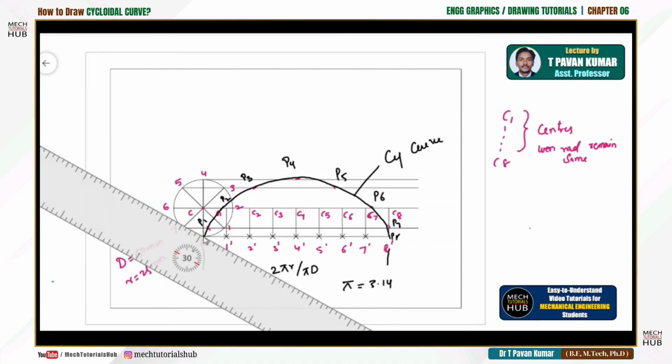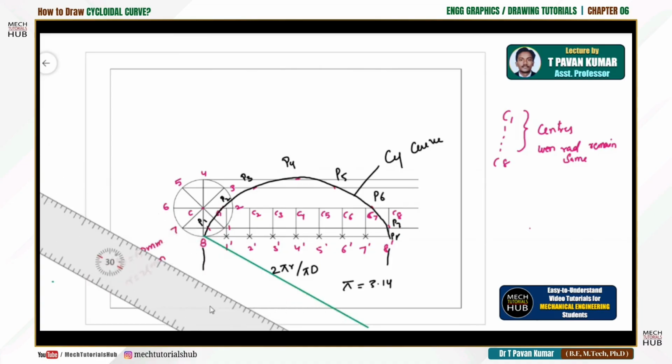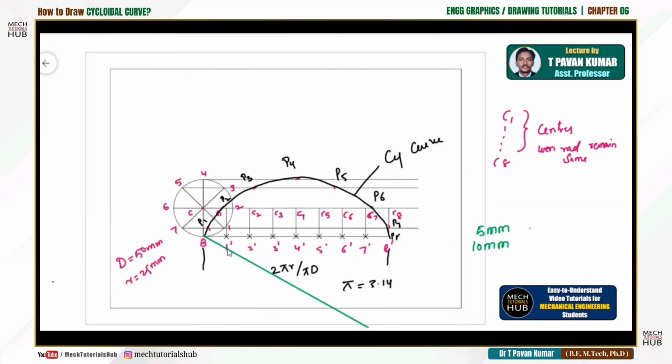Here I'll trace a line up to infinite distance. After this, using the compass at any convenient distance, maybe 10 mm or 5 mm, take that convenient distance and, for whatever divisions I want to create on this particular directing line, from point 8 as the center, make the first intersection 5, 10, 15, 20, 25, 30, 35, 40, 45.